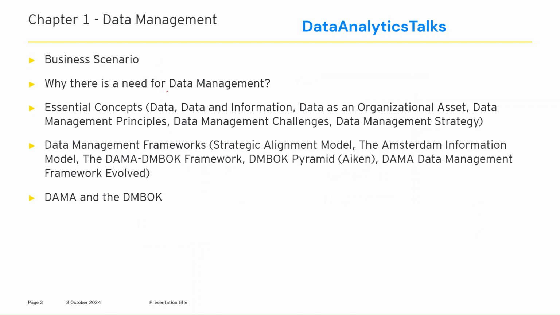It also covers the data management framework, the strategic alignment model, the Amsterdam information model, the DAMA DMBOK framework, the DMBOK pyramid, then how the DAMA data management framework evolved. It also talks about DAMA and DMBOK.